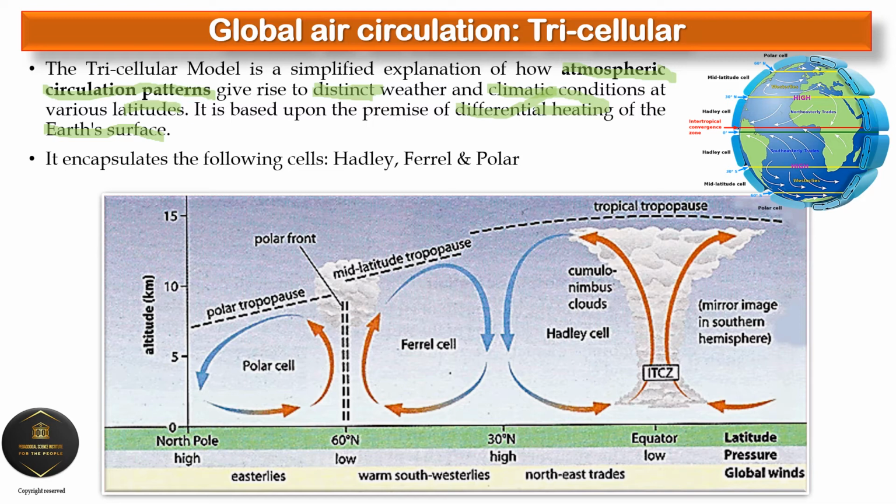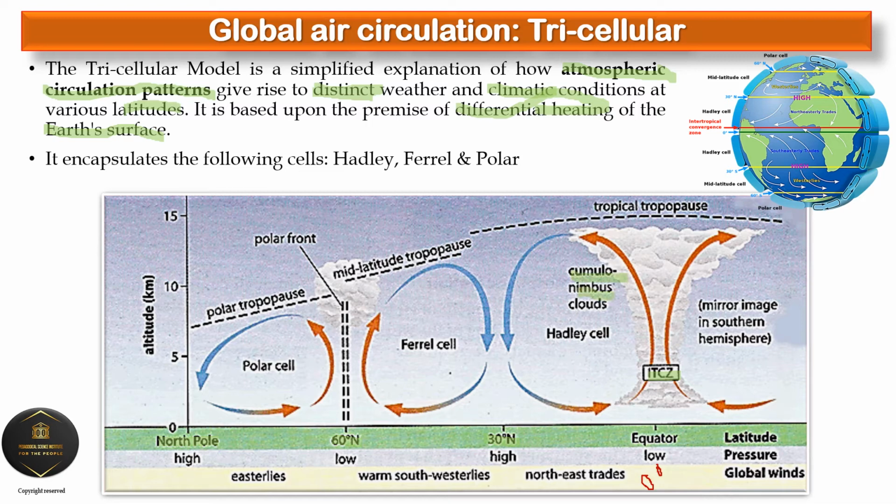Now, this is a cross section of the Earth basically. Remember, the equator will have the 0 degrees over there, the central point, and after that we'll have your 30 degrees, the 60 degrees, and the pole, which is 90 degrees, right? Now, at the equator we have our ITCZ, and soon after that we have a Hadley cell, and you see that a Hadley cell is associated with cumulonimbus clouds.